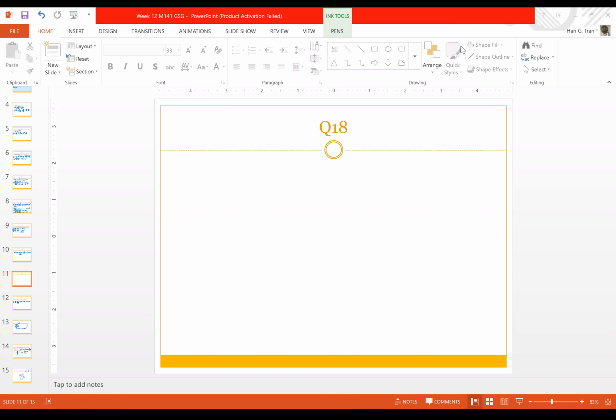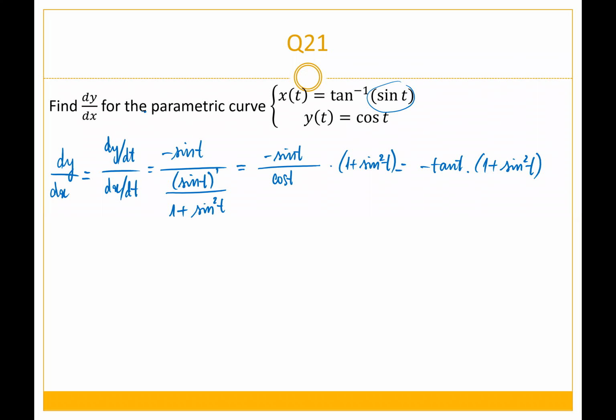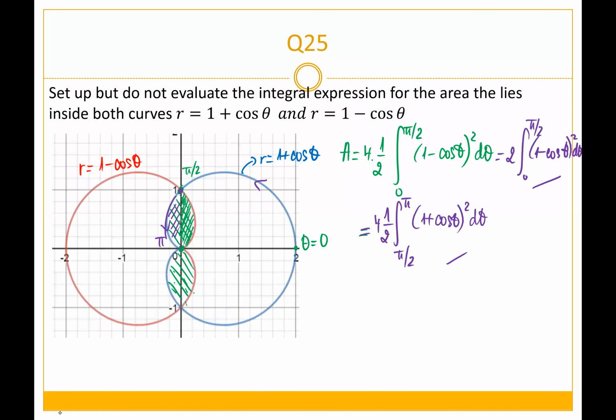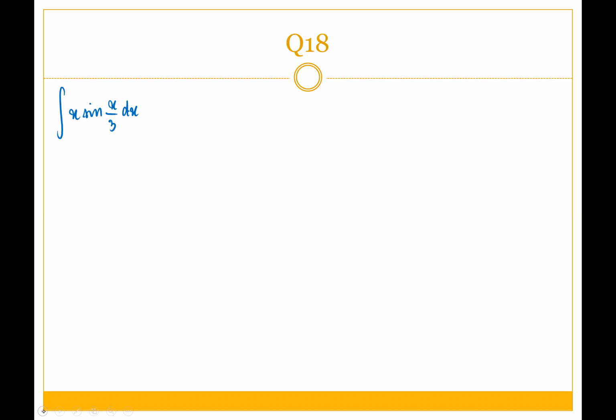Express the integral of that as a Maclaurin series. So you have this one: express sine x over 3 dx as a Maclaurin series. I know the Maclaurin series representation of sine.